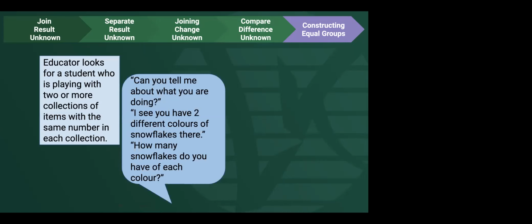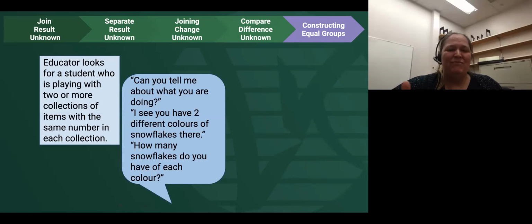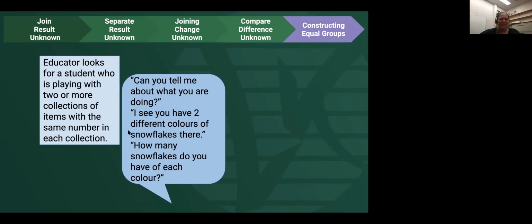Okay. Yeah. So again, I thought we would use the exact words in here because it gets a little bit confusing. With the equal groupings, the wording is a little more challenging than with the other one. So can you tell me about what you're doing, which you do such a beautiful job of? I see that you have two different colors of snowflakes there, for example. You could say something like that.